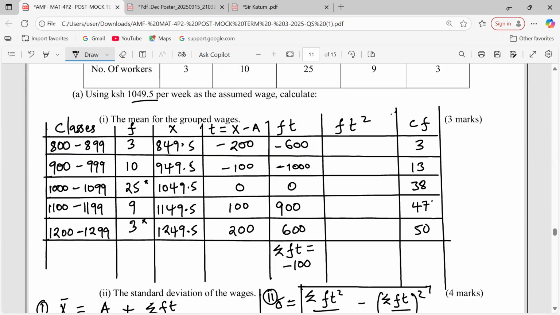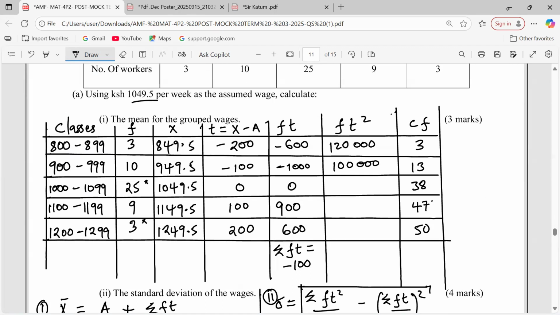So 3 times 200 squared, giving me 120,000. Now, when we proceed to 10, 10 is the frequency, should multiply negative 100 squared. This gives us 100,000.